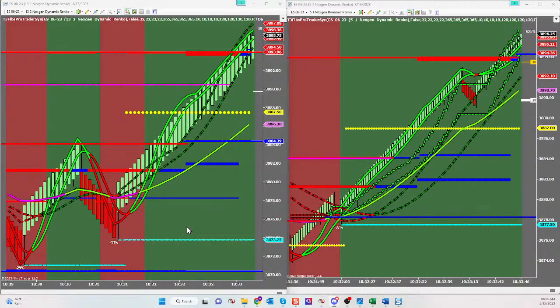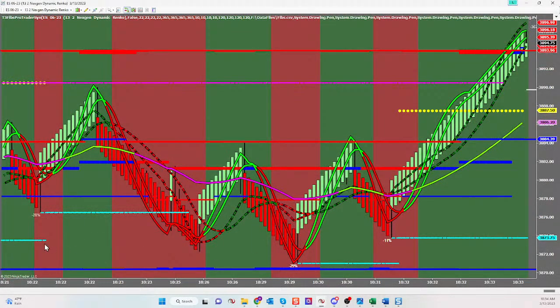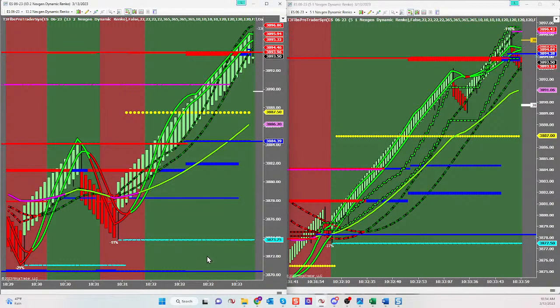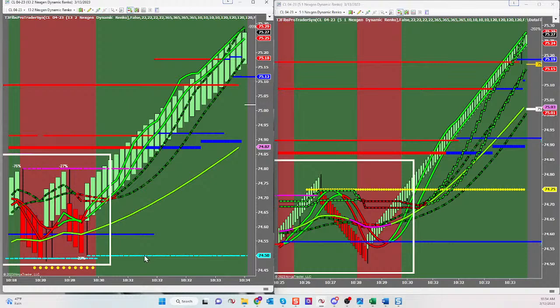Well, guys, the ES broke out of its range, didn't it? 1, 2, 3, 4 divergences in the same price range. And it went up. Crude oil broke out of its range.